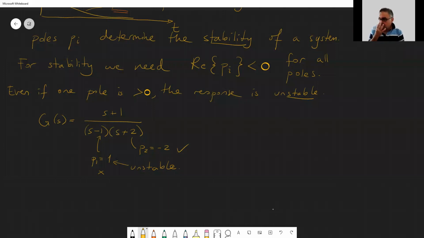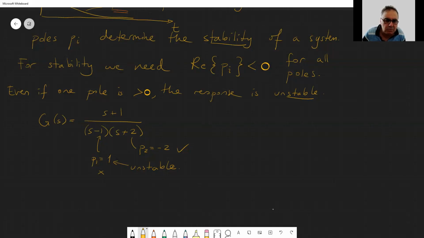But on the other hand, for different kinds of inputs, it might remain stable, but that's a kind of difficult topic for now. So let's skip this for the time being. Let's say that it is neither stable nor unstable. Okay. That is in the limit, let's say.